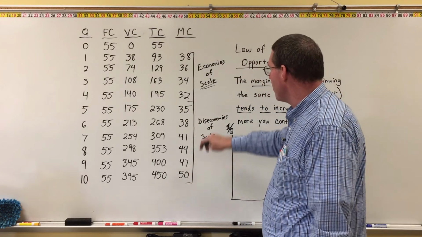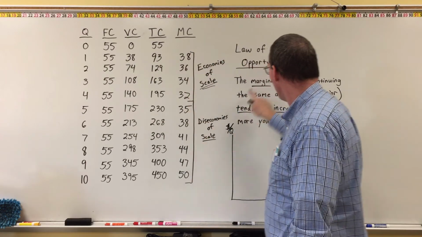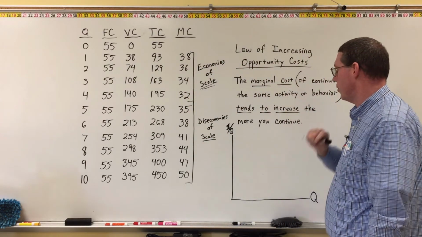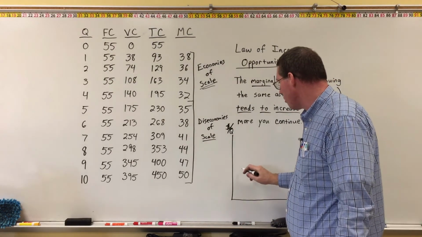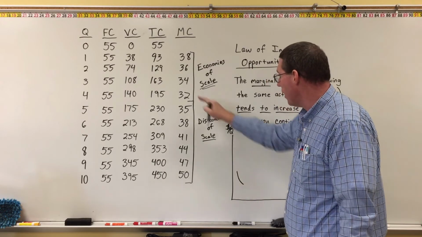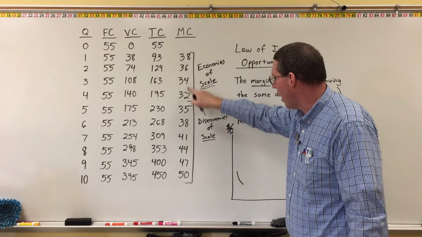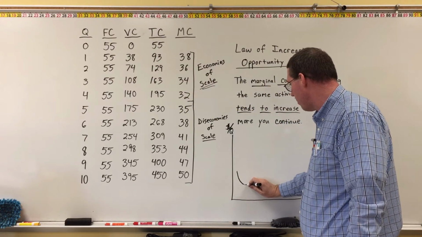So what eventually happens after you use up your economies of scale is that your marginal cost tends to increase. And so at first, the marginal cost curve is going to go down. Then, after it's gone down for a little bit, it's going to start going up, and then it's just going to keep going up.